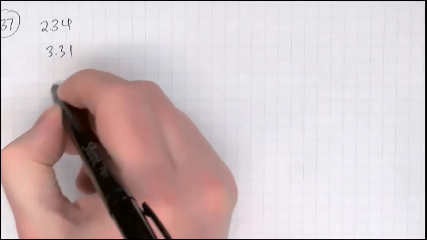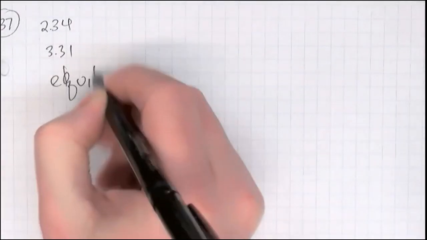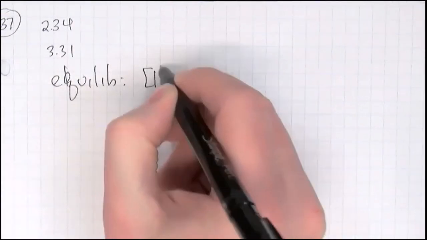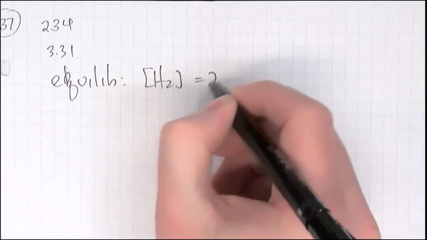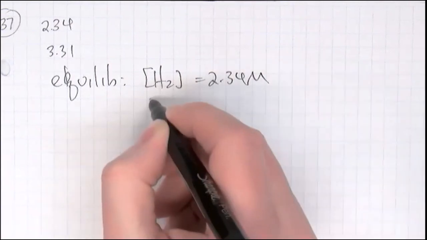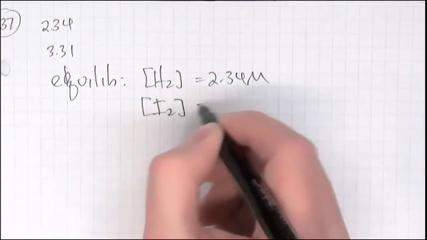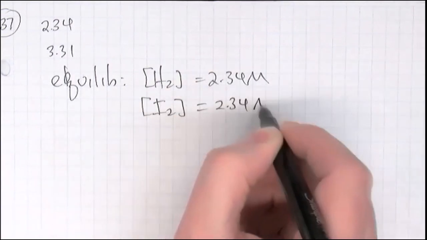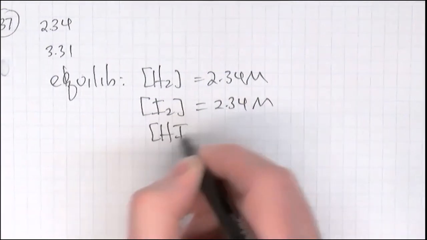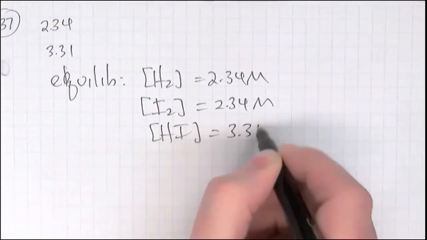All right, so here's what we have. At equilibrium, we had a concentration of hydrogen of 2.34 molarity, a concentration of iodine of 2.34 molarity, and a concentration of HI of 3.31 molarity.